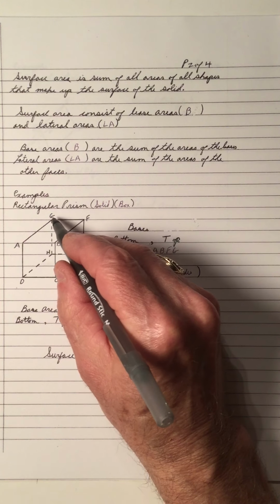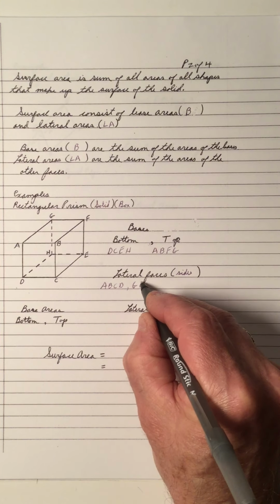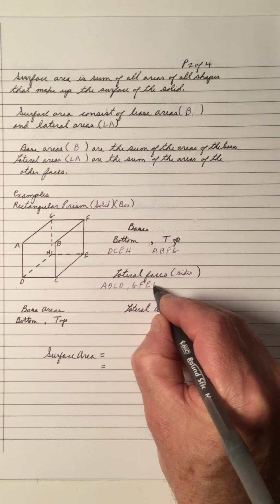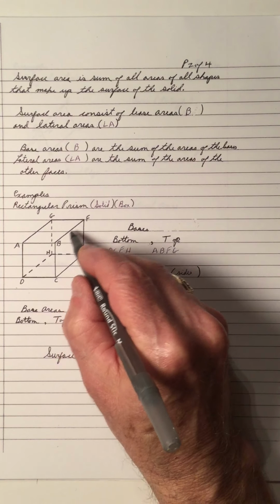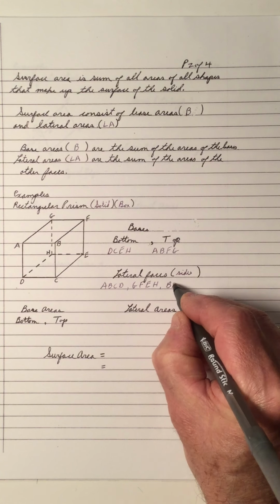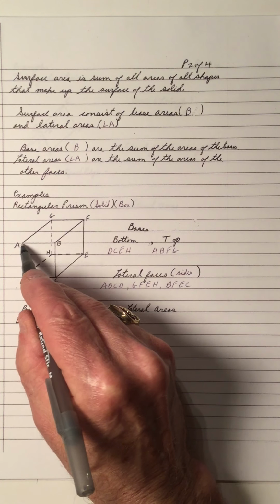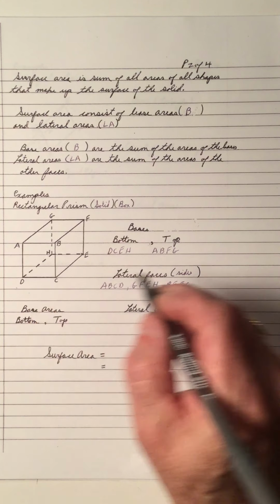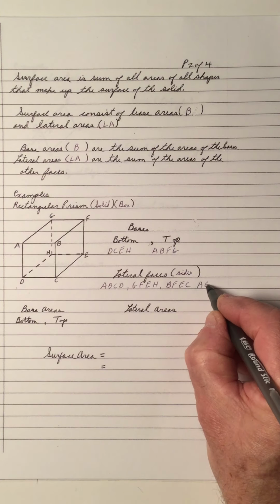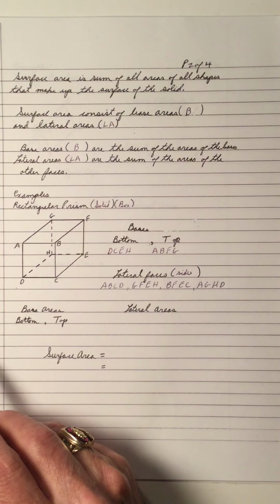The back is GFEH. And the side is BFEC. And the other side is AGHD. That's the four sides of the box.